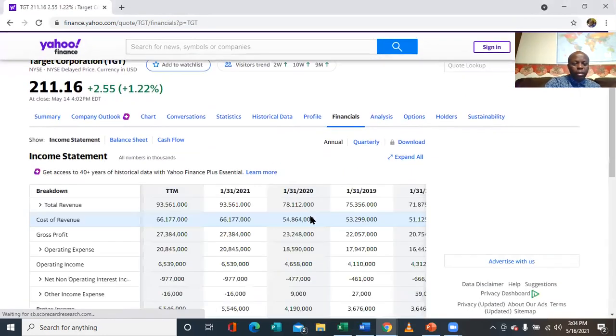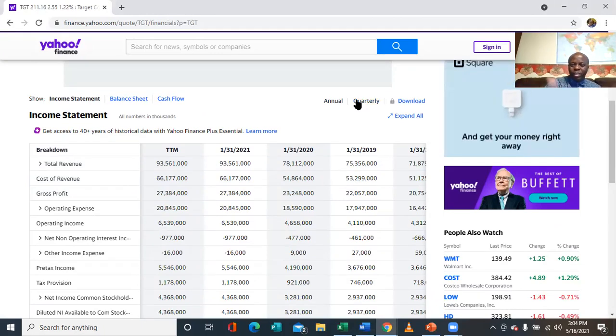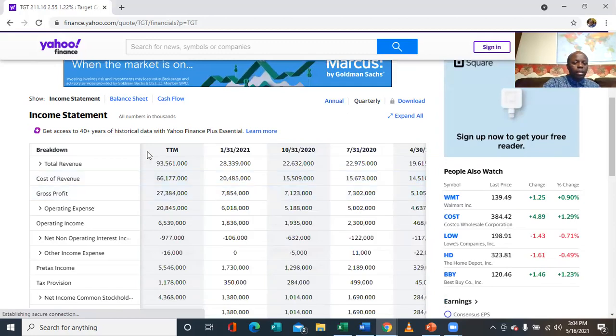For 2021, this is the income statement. I need the annual, but we are still in the second quarter, so I'm going to use quarterly so that you are comparing them within the same period. This total revenue they have here is revenue from sales.